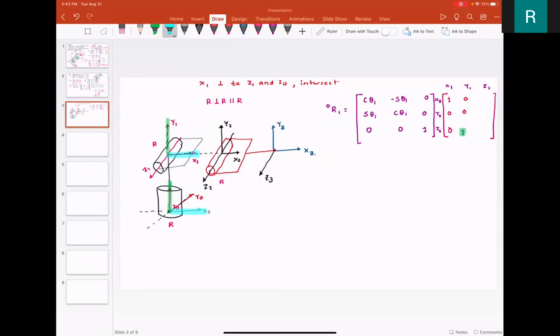The last part is this guy, and this is actually even Z1 is in the direction of Y0, but the arrows are opposite. Which means I'm going to take a shortcut here. So everyone look at the board.